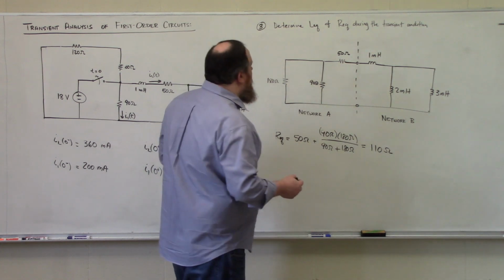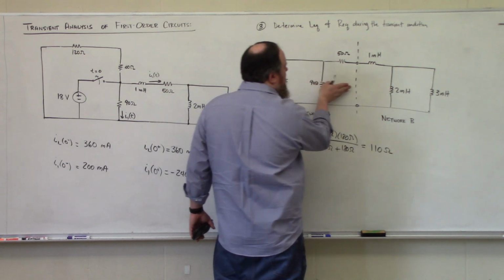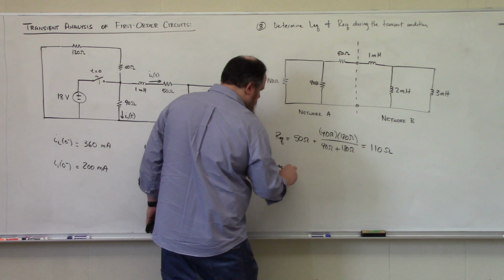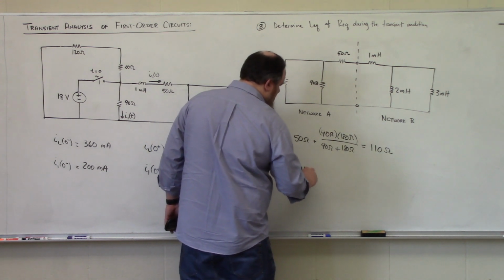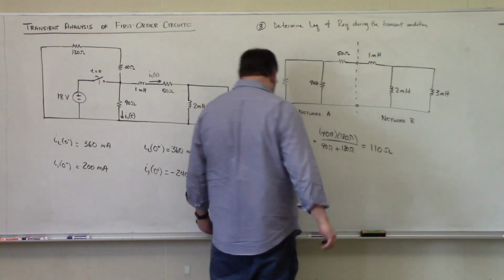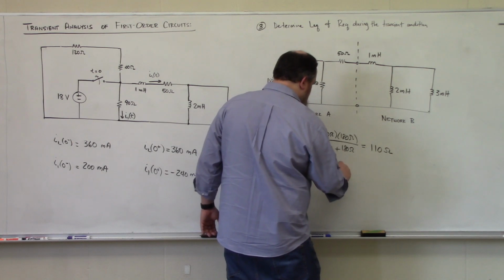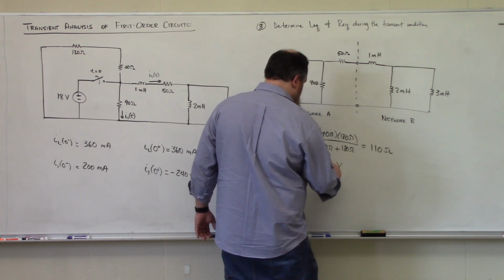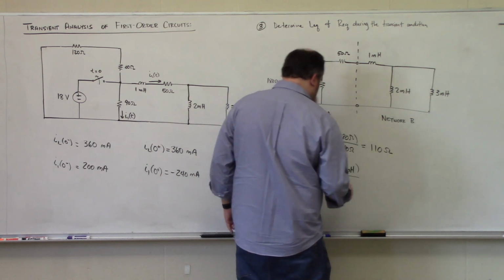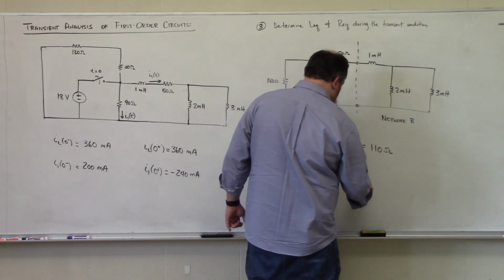Let me just double check the math on that real quick. That's correct. And to find our equivalent inductance, we're going to disconnect this resistor network and look in this way. So we'll see that LEQ is 1 millihenry in series with a 2 millihenry inductor and a 3 millihenry inductor connected in parallel. So that's 2 millihenries times 3 millihenries over 2 millihenries plus 3 millihenries.